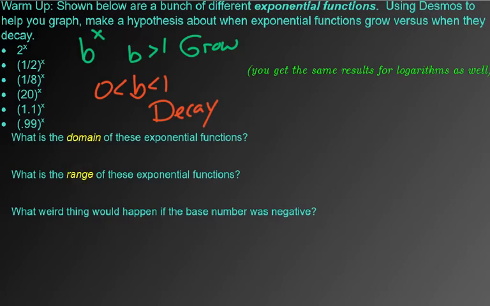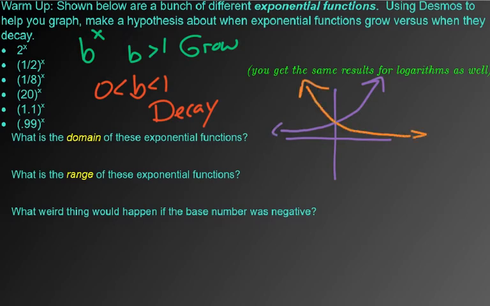These are also questions that hopefully you can see from this, but all of these graphs have some similarities to them. What you should see for the ones that grow is they look like this, whereas the ones that decay look like that. And there are some nice similarities that have to do with domain and range that I want you to see here. So the domain for these is all reals.